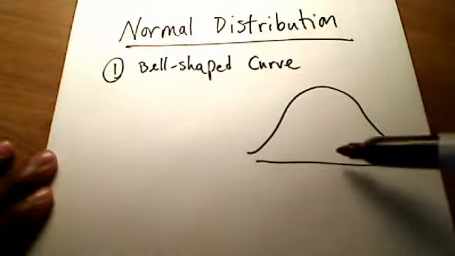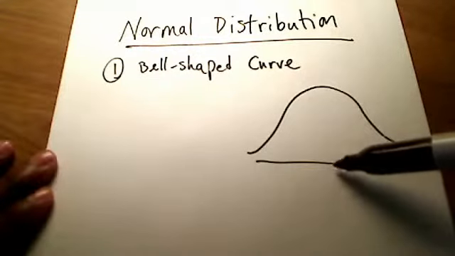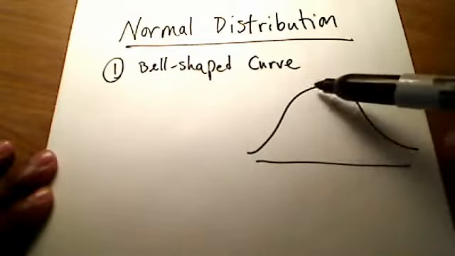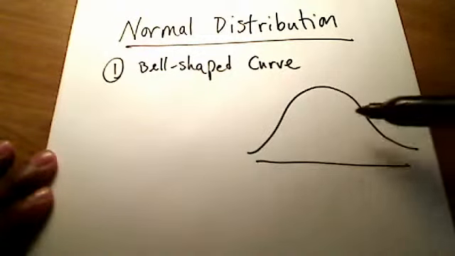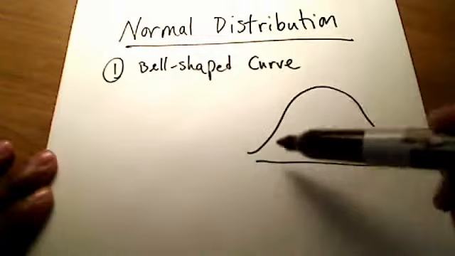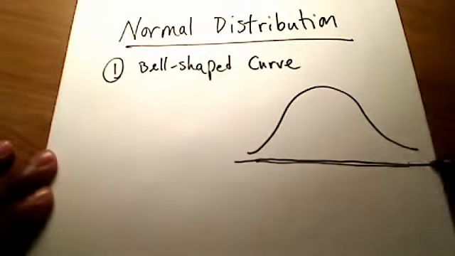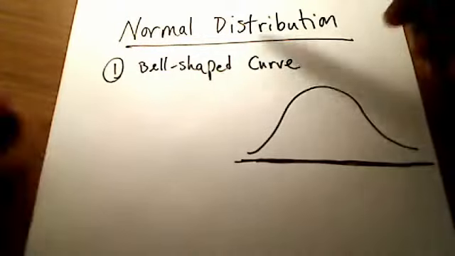That means that the mean, which is sitting right here in the middle, has the most data sitting around it on either side of the mean. I'll talk a little bit more about that later. But definitely bell-shaped curve is one of the first things that should come to mind when you read that word normal.